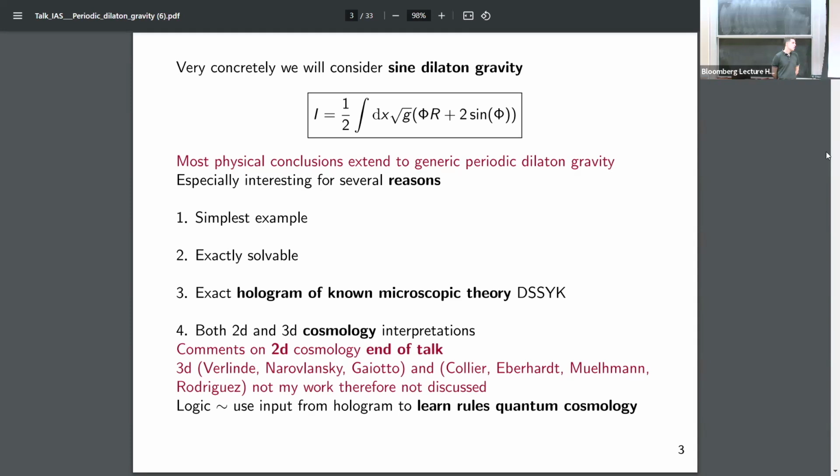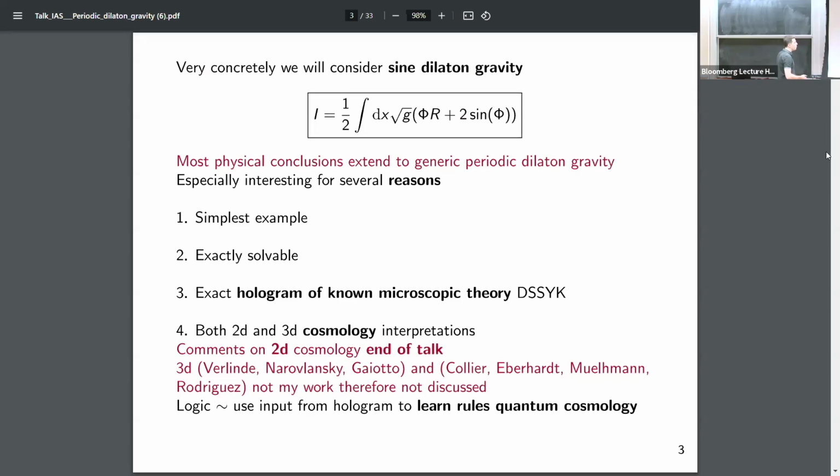So there's no i there in the first term. In the previous slide, there's no i in front of the phi R. There are going to be i's in the story then. But if you put an i there, there would also be an i in front in the sine. I think these questions will become clearer.